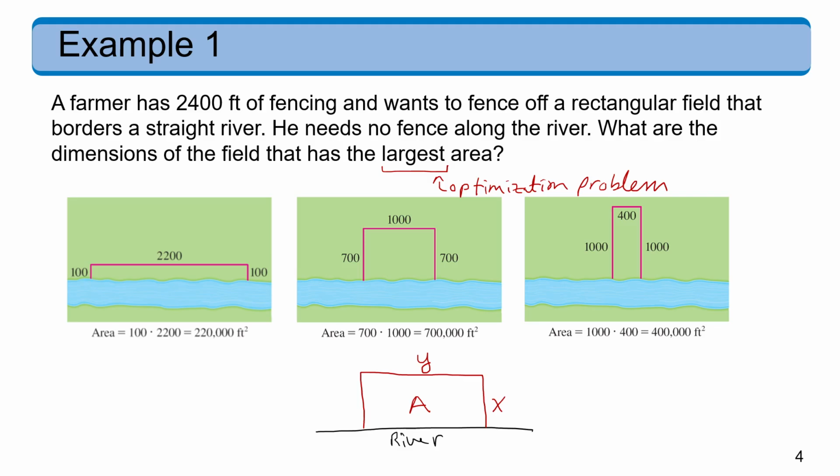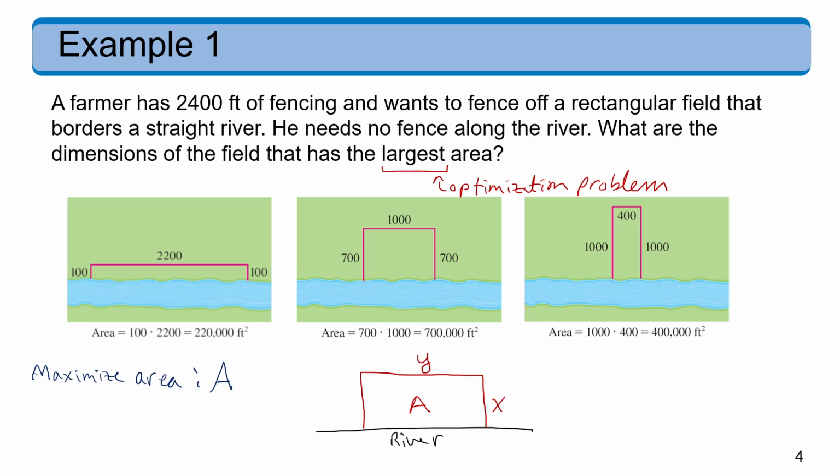I guess we could go ahead and start that here. So the thing that we're trying to optimize is area. So you need a letter name for area. So we've actually already put that in our figure. So let's just say here we want to maximize area, and we're going to use the letter capital A for area.